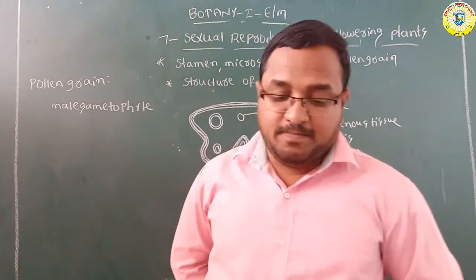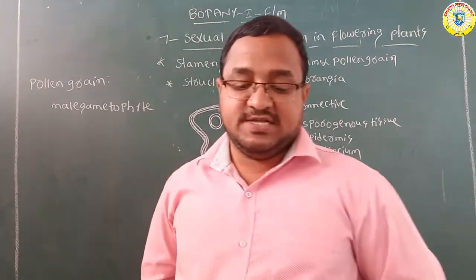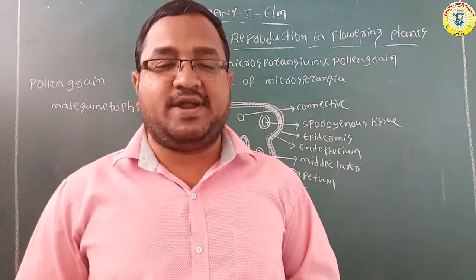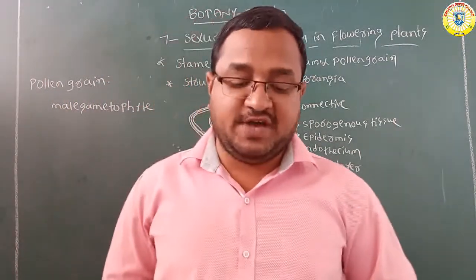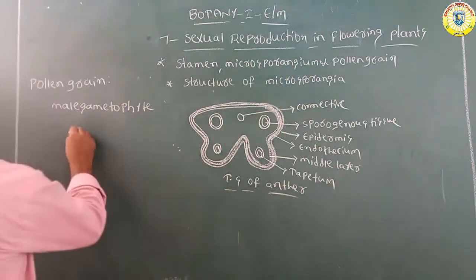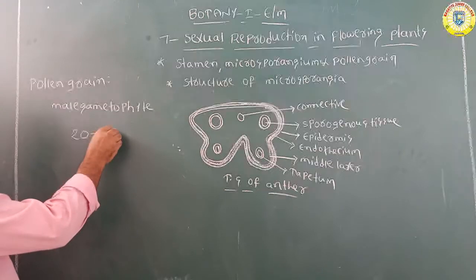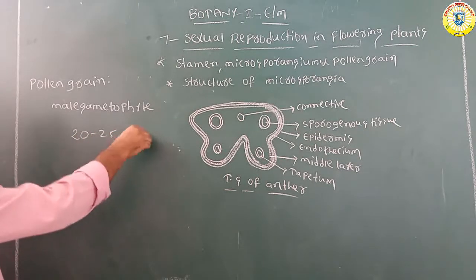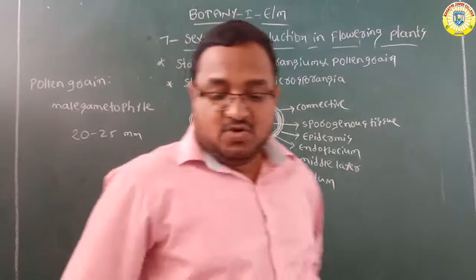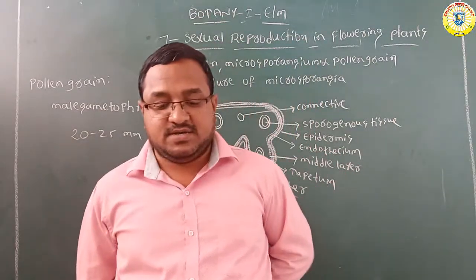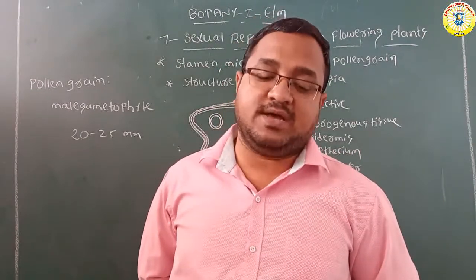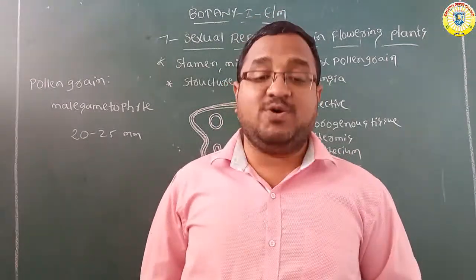Pollen grains are generally spherical structures, which measure nearly 20 to 25 micrometers in diameter. Each pollen grain has a prominent two-layered wall.